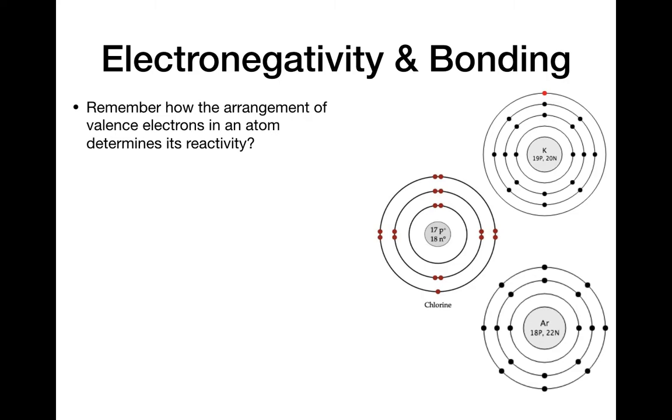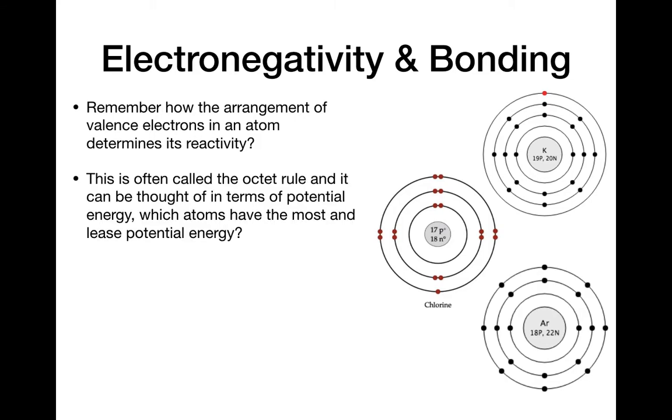Either way, it's not going to take a lot of electrons leaving or gaining to make it stable, and those ones are much, much more reactive. The elements whose valence orbital is already full are super stable and they will not react at all, very, very low reactivity, and those would of course be which group? The noble gases. They have a full octet, they are very stable and not going to react at all.